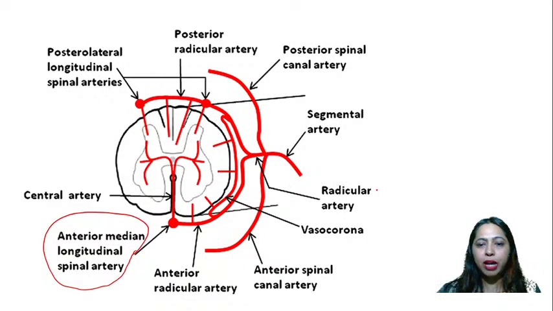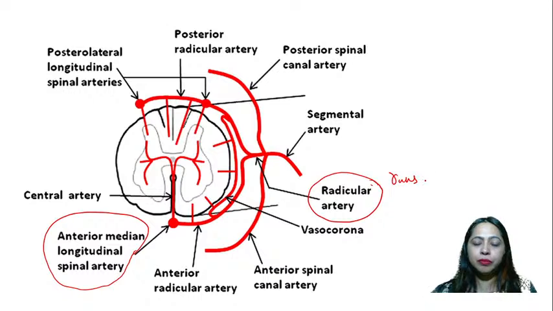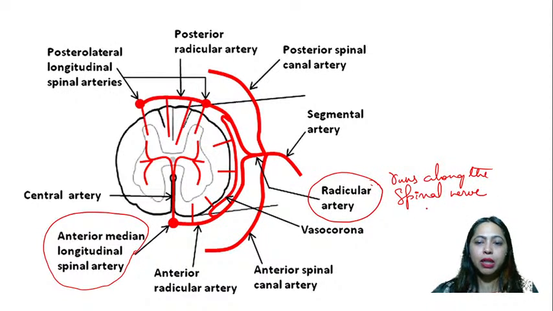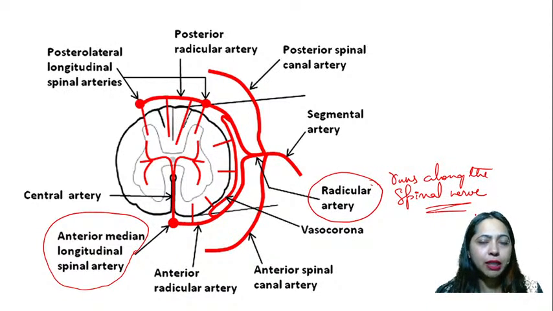Radicular artery basically runs along the spinal nerve. Same spinal nerve, the dorsal and the ventral root, whatever directions they take, it runs in the same direction as them. That is the radicular artery.